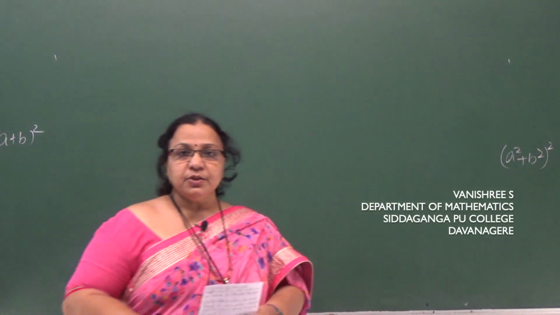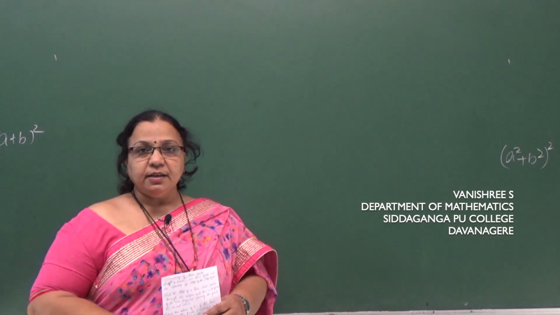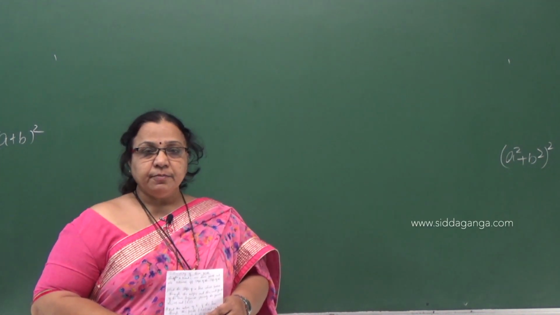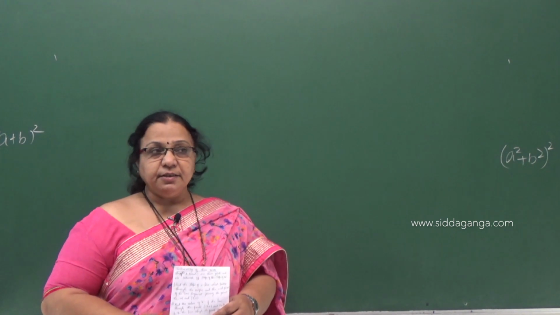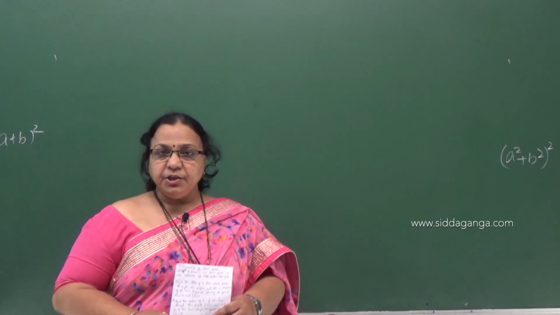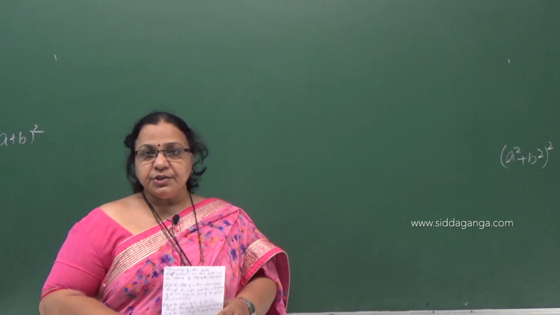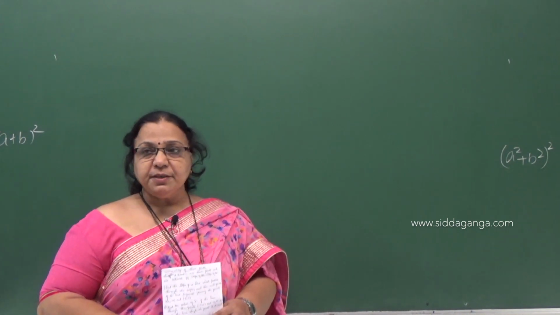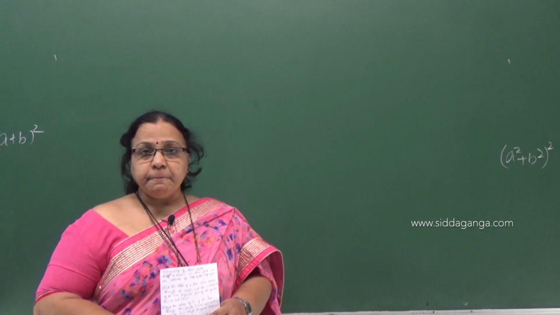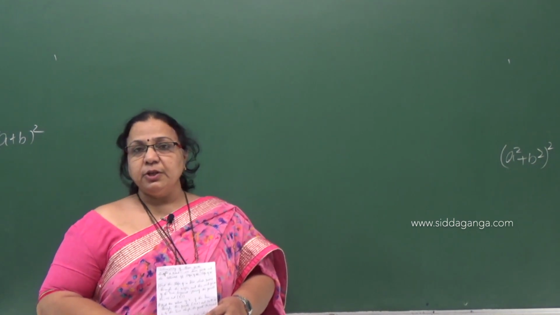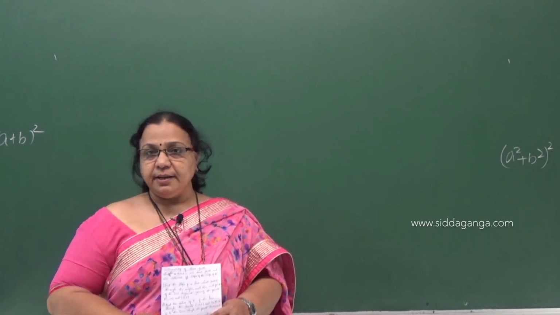Hi students, good morning. Welcome to the online class. Now we are continuing the straight line chapter. The first concept in the straight line chapter is about the slope of the straight line.